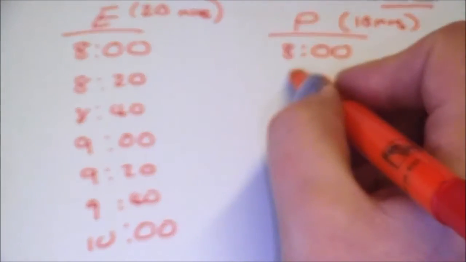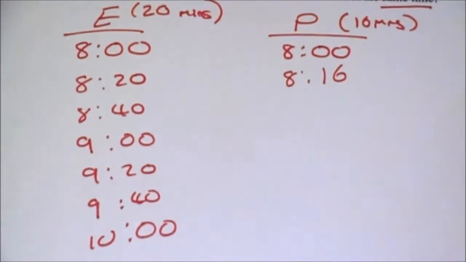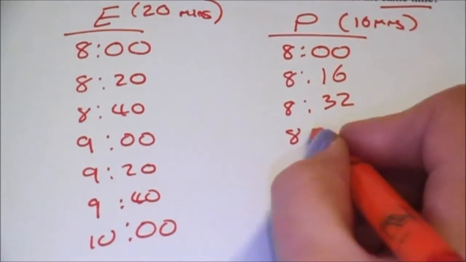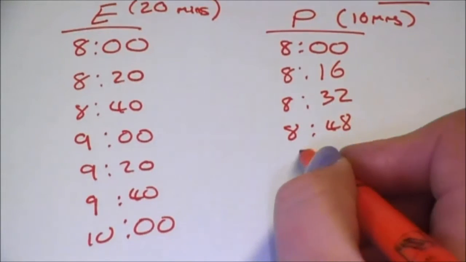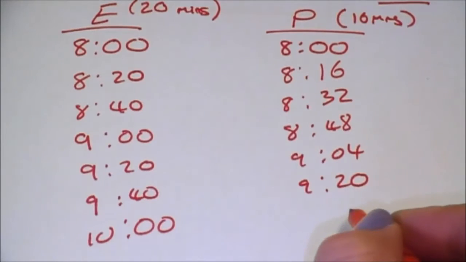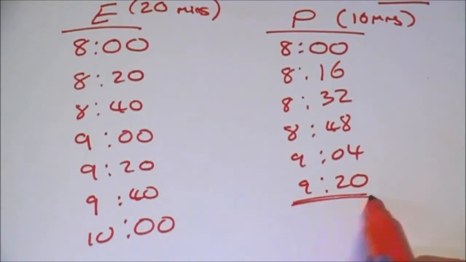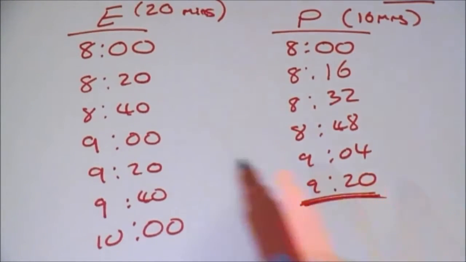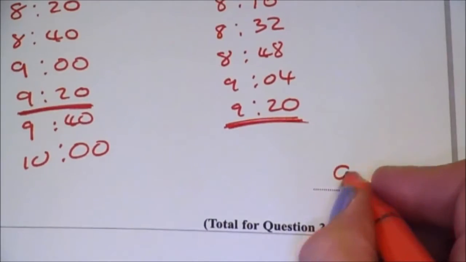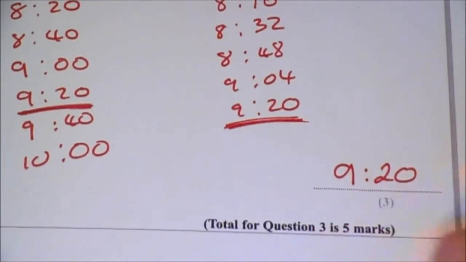So Plymouth at 8, then there'd be the 8:16, then there'd be the 8:32, then the 8:48, then the 9:04, then the 9:20, and oh, I don't need to go any further because I can see there's my 9:20 and the Exeter bus also leaves at 9:20. So I found my common time. My common time is 9:20.